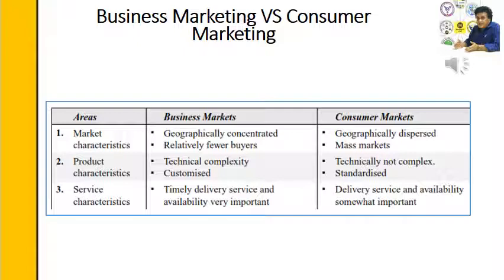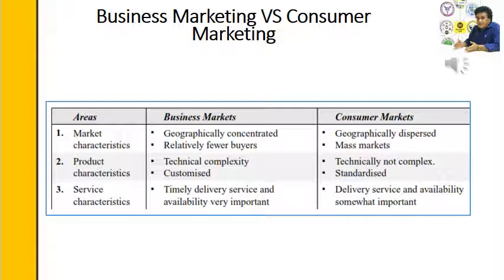In terms of product characteristics, the technical complexity of the business market is immense as compared to consumer markets. Also, the products are often customized in business markets, whereas in consumer markets the products are mostly standardized.